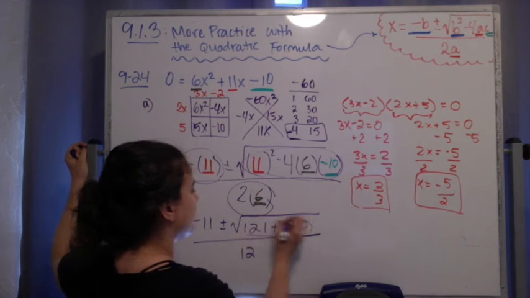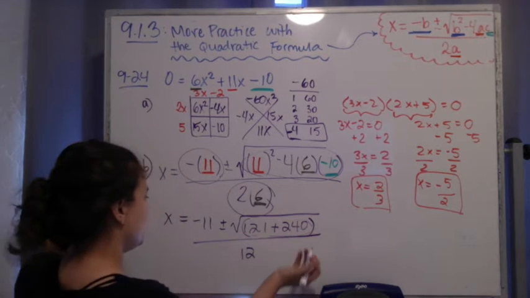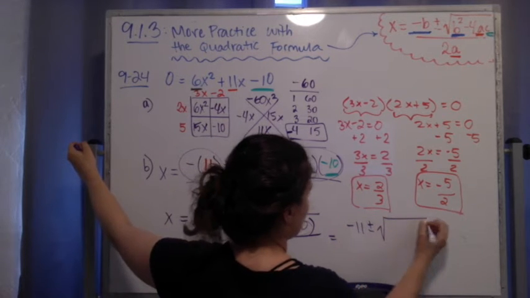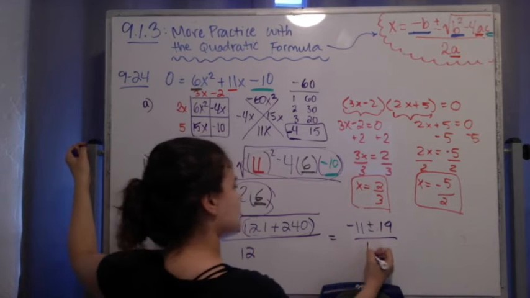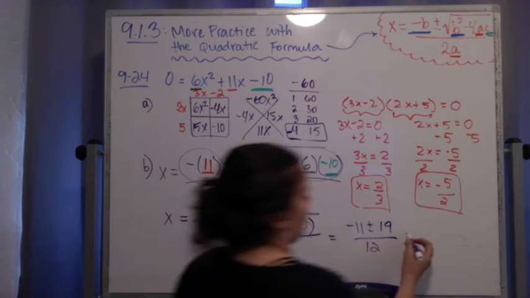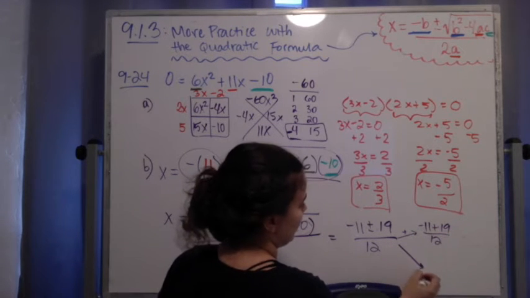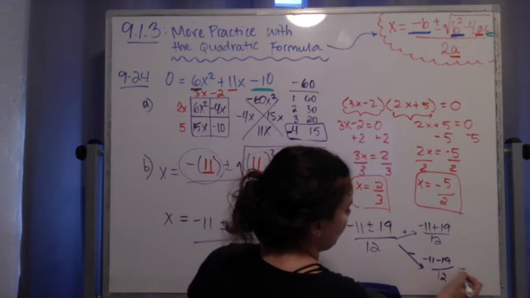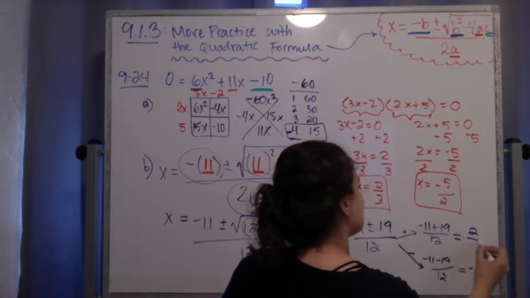From there, we want to simplify this part, so the square root of 121 plus 240. That is the square root of 361, so that's 19 divided by 12. And then we have our positive version, so negative 11 plus 19 over 12. And then the negative 11 minus 19 over 12. And when you simplify them down, you do end up with negative 5 over 2 and 2 over 3.